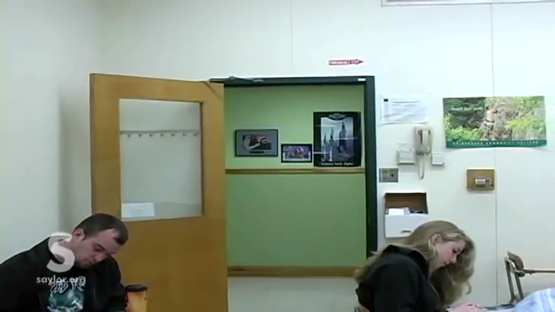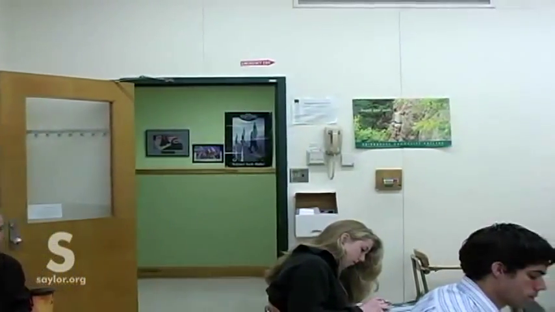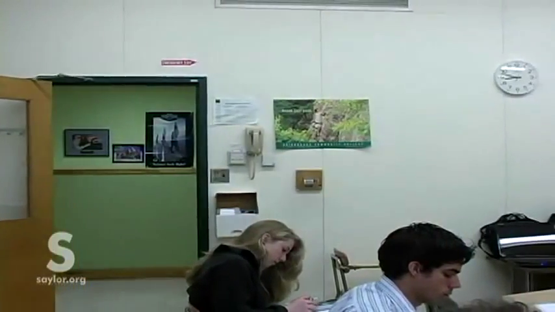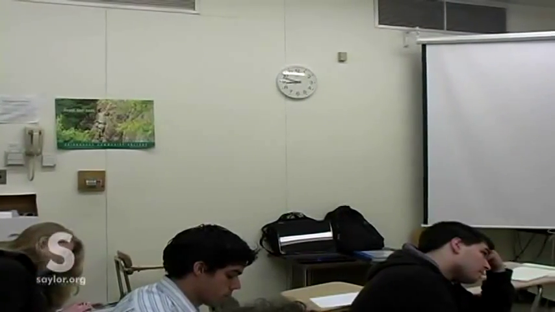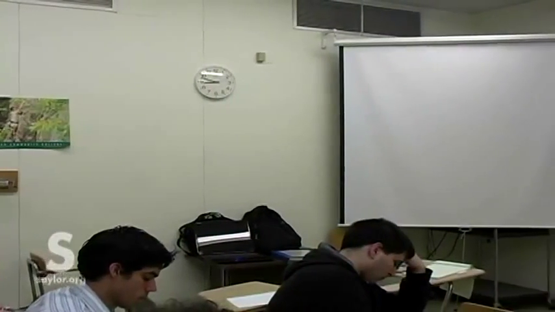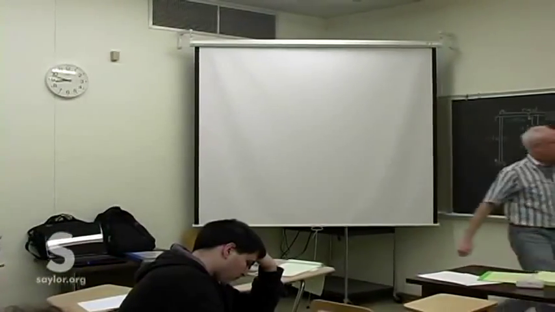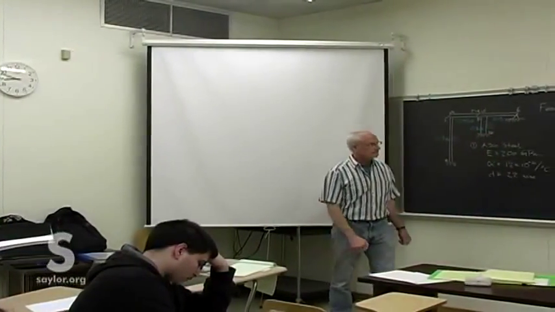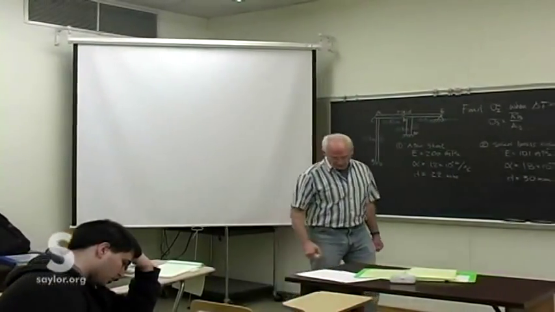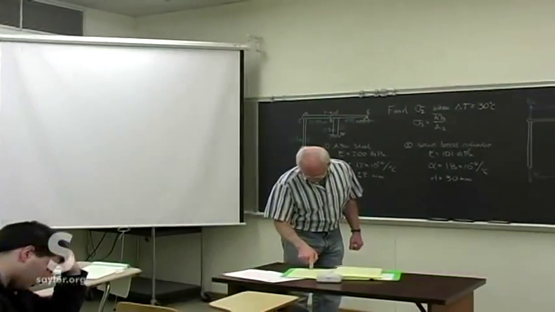For example, that thermal, if that brass rod was free to go, it would actually move 162 micro inches. No, sorry, micrometers. We're in SI units. So I'll save you a little trouble and give you that one. What else can I give you?